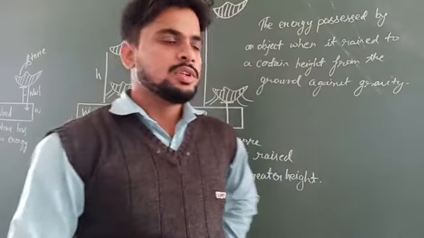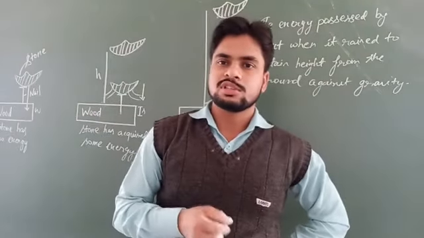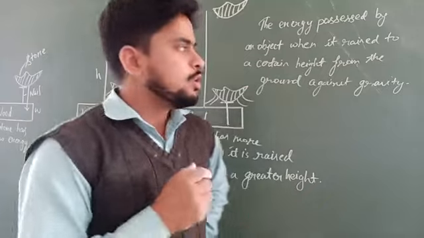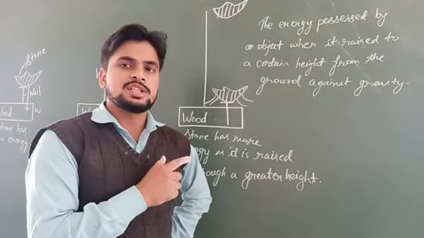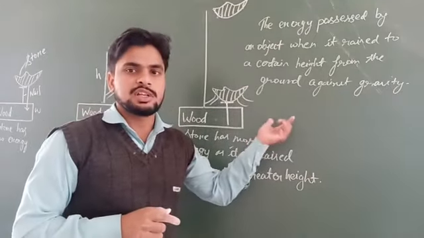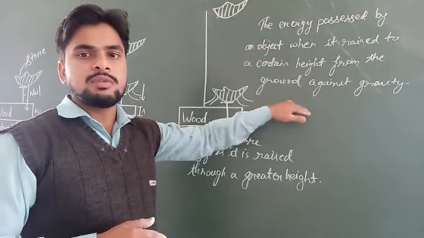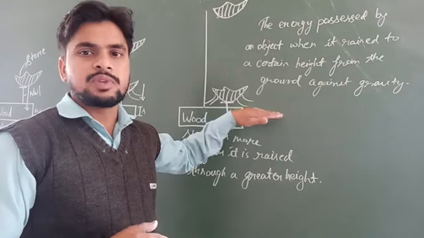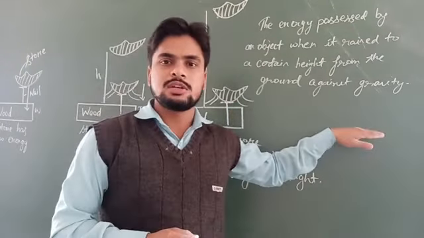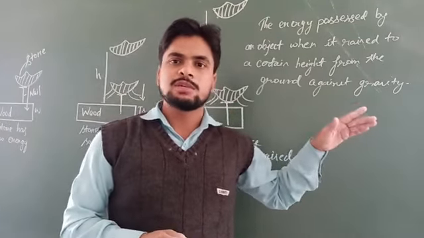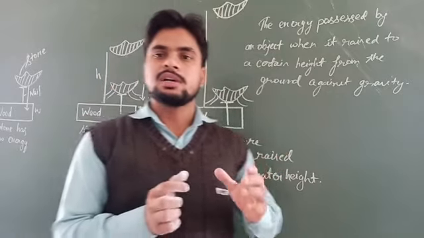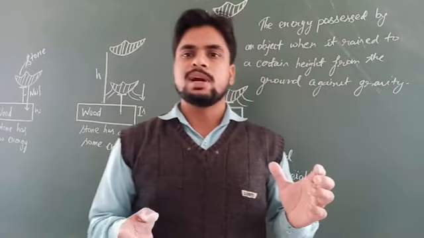I hope the elastic potential energy and gravitational potential energy are clear to you. Why is that known as elastic potential energy and why is this known as gravitational potential energy? Because in this energy we are doing work against gravity. That's why this is known as gravitational potential energy. But in elastic potential energy, we are doing work against the elasticity of the material.